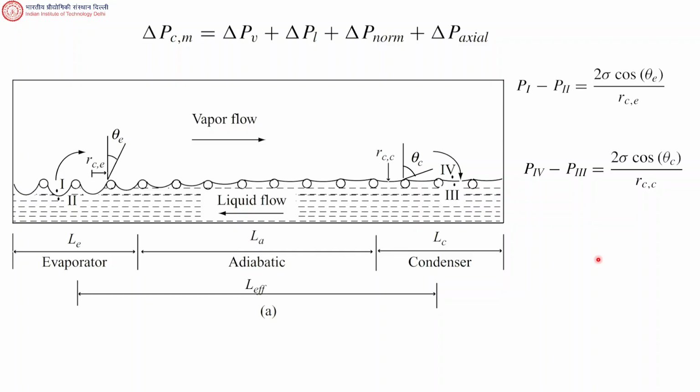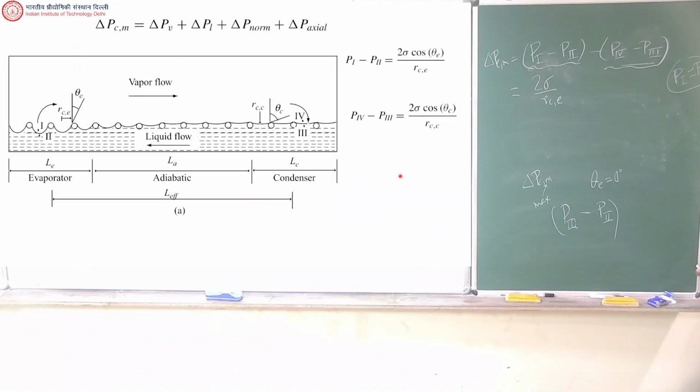And theta C? 90. Theta C we will set equal to 90. Then obviously from the second equation we get 0, right?